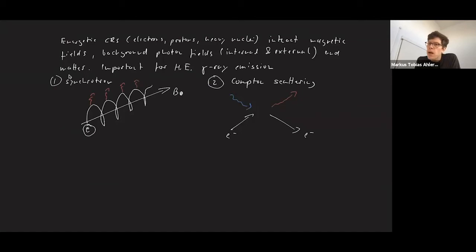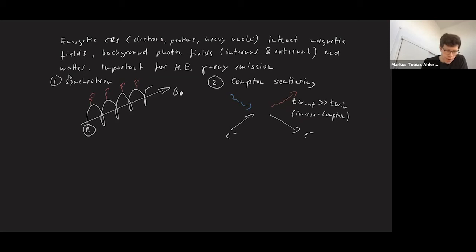In the case of relativistic particles, in particular if the energy of the electron is much, much larger than the energy of the incoming photon, the outgoing photon will have an energy that is larger. So h bar omega is going to be much larger than the initial energy of the photon. And in this case, we will also call this inverse Compton scattering. So production of high energy gamma ray radiation is inverse Compton scattering.